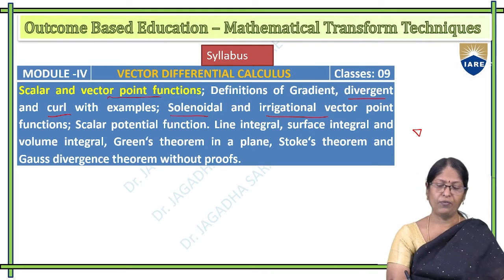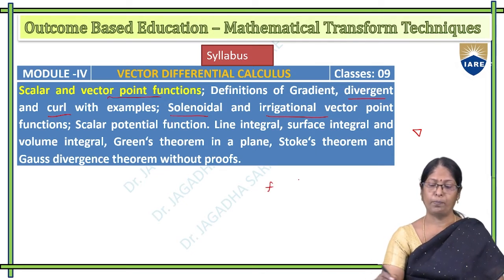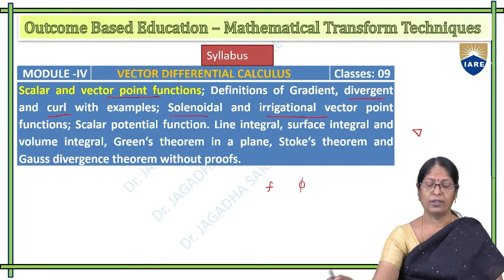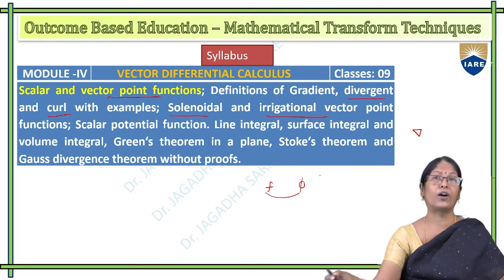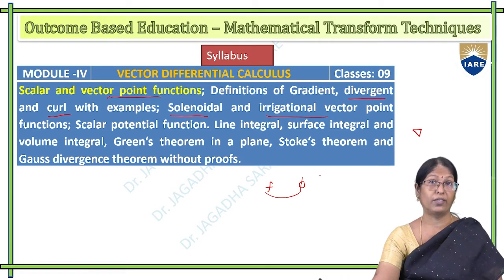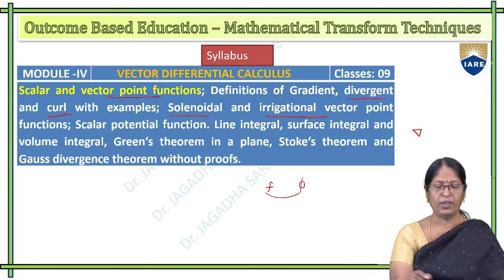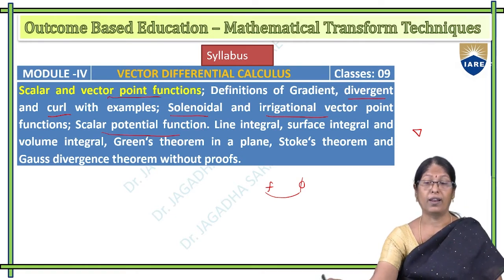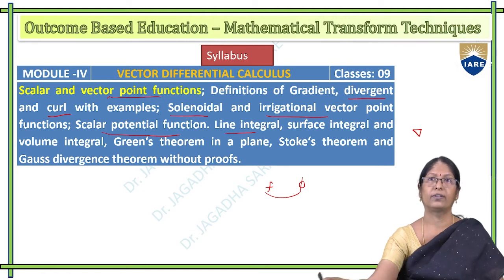Now, f is a function and phi is also, there exists one scalar. The connectivity of this vector function and scalar is nothing but f equal to gradient phi, a scalar potential function. Line integral.